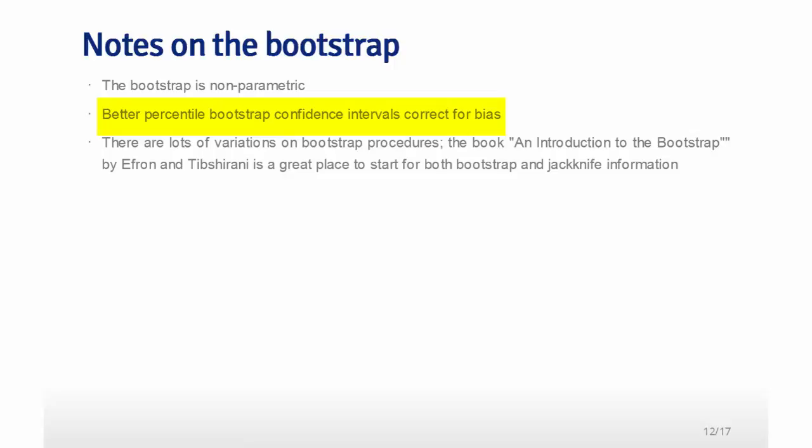The one I would recommend is called the bias corrected and accelerated interval, the BCA interval, and it's very easy to implement in the bootstrap package in R. You simply take your bootstrap resamples and pass them through this function, and it gives you the BCA interval. It's basically a quick little fix of what quantiles you take to correct for a bias.